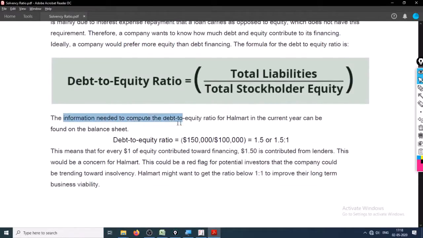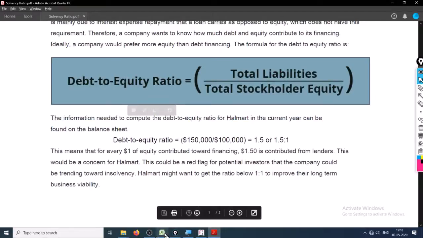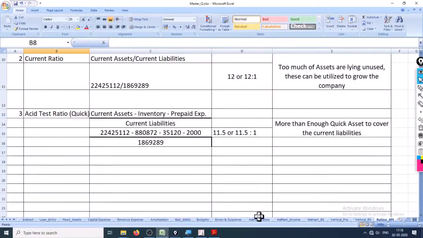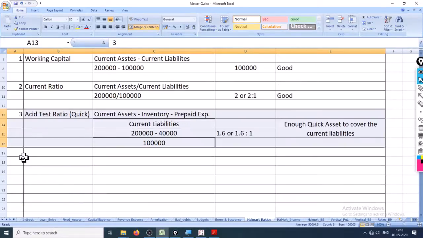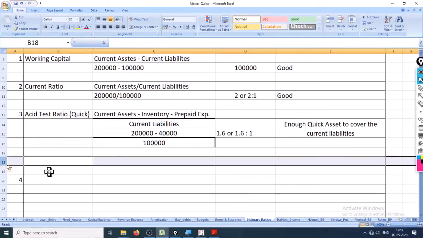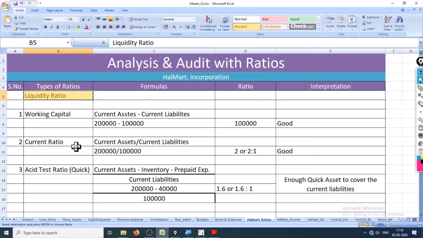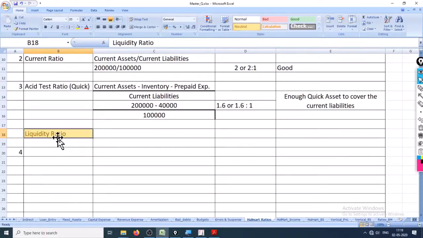The information needed to compute debt to equity ratio is on the balance sheet. So let's write that formula in our worksheet first. Going back to Hallmark ratios, right here fourth. Before writing fourth, we have to write we are on the solvency ratios. Fourth is debt to equity ratio.